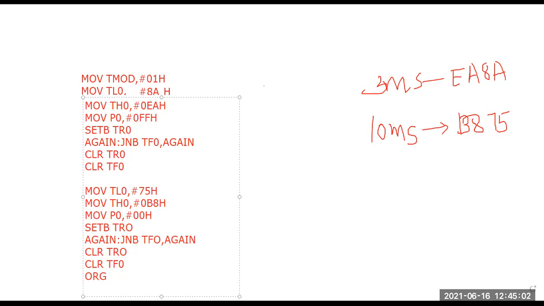Previously the first one we initialized for 000H. Here we will initialize for some 300H. Somewhere we will initialize origin 300H, and we'll write the delay program.